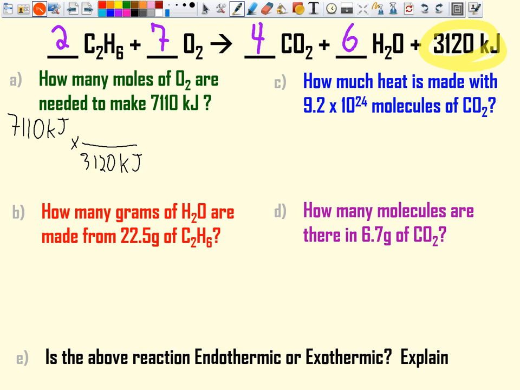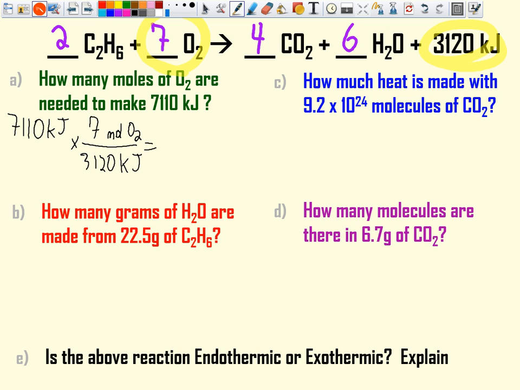In this case, we want to go kilojoules to moles, moles of O2 to be particular. So we are going to need our moles of O2 from the problem. That would be 7 moles of O2 over my 3,120 kilojoules. I punched this into my calculator, putting what was on the top as a multiplication.